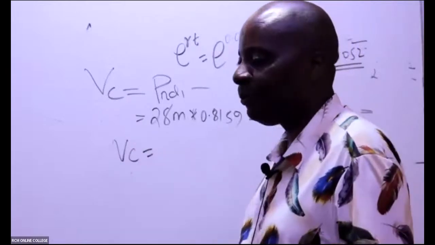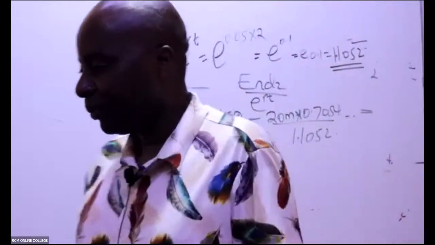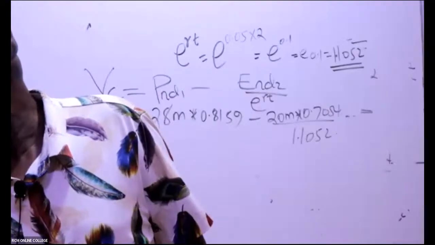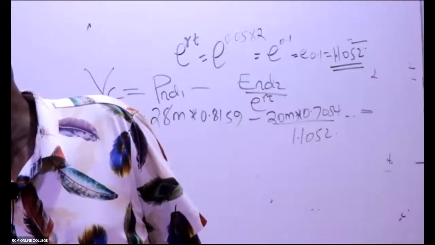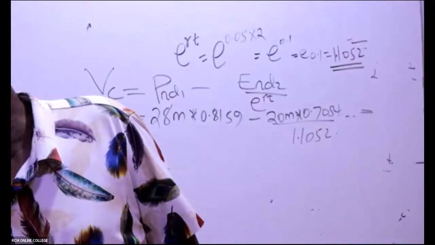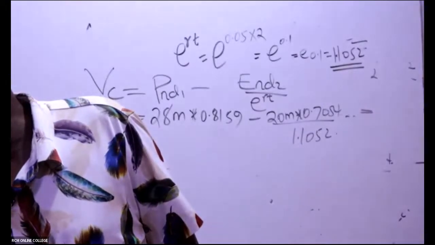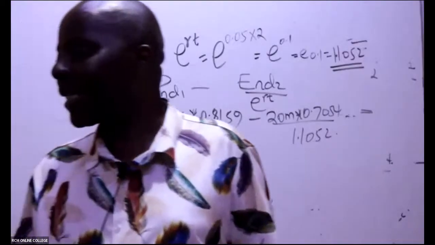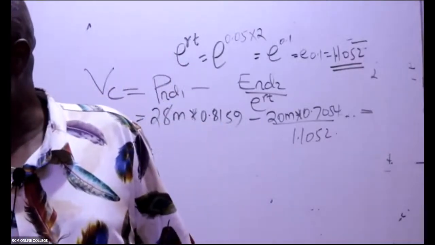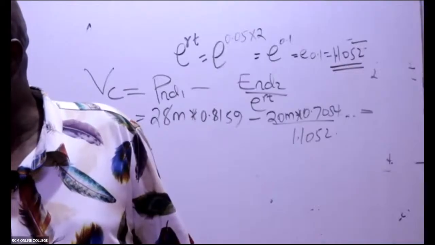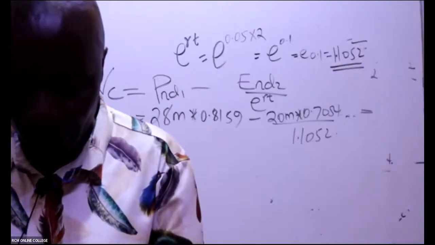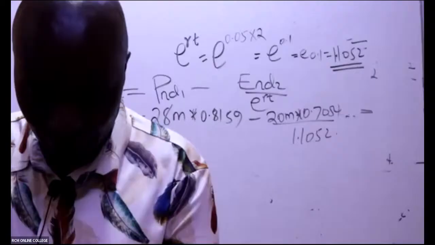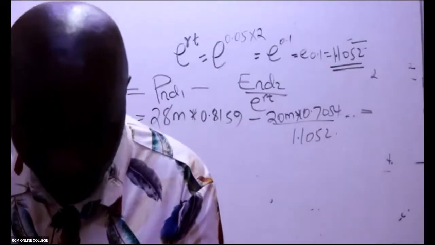So then what figure are we able to get at the end of the day as value of the call option? Capital E of 20 million, where did we get it from? 20 million is the exercise price. If you look at your question very well in that particular paper, they've given you the exercise price.